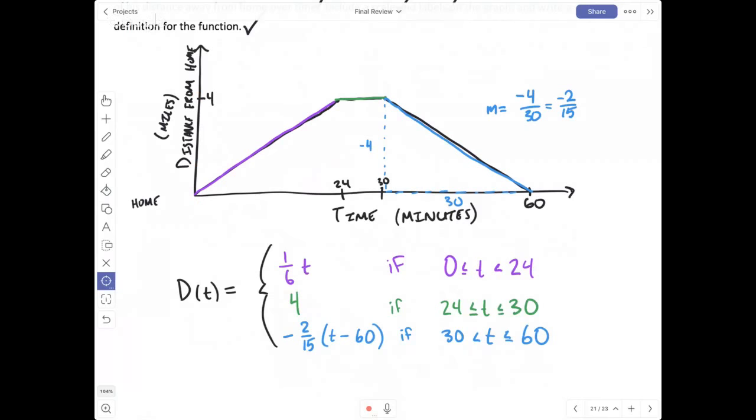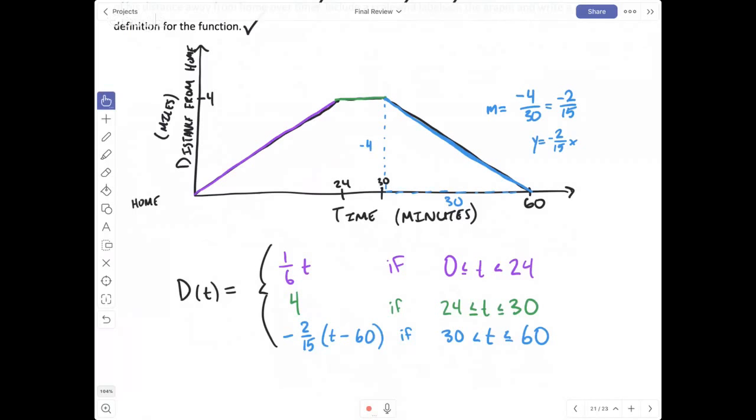If I just graph the line of negative 2/15 t, if I said y equals negative 2/15 x, y equals negative 2/15 x would not be the line I wanted.